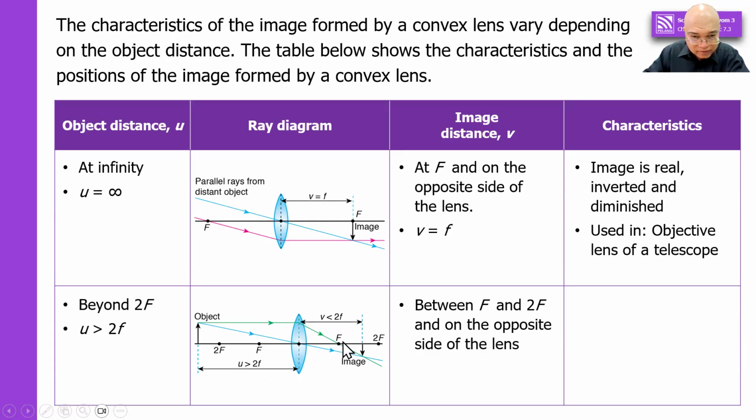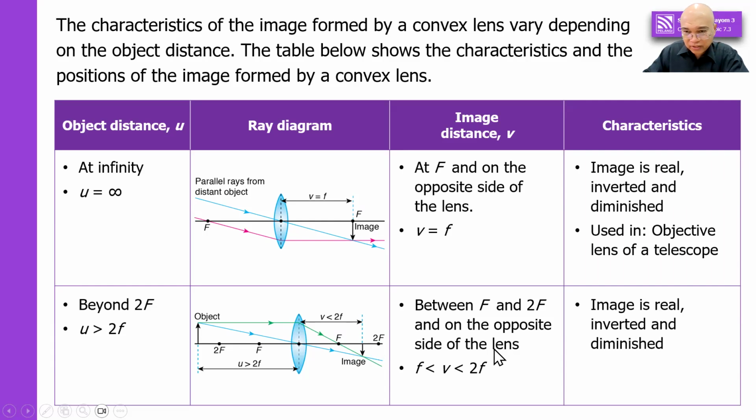This one. Between F and 2F. Right here. And on the opposite side of the lens. This is the opposite side. This is another side of the lens. So V is greater than F and less than 2F. Right here. So the image is real, inverted, and diminished. And then it's used in a single lens camera.